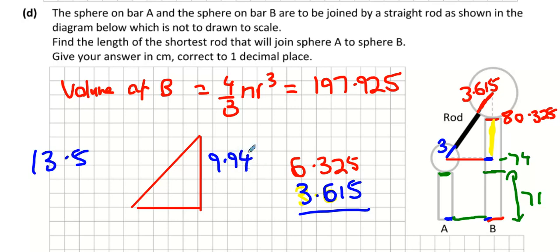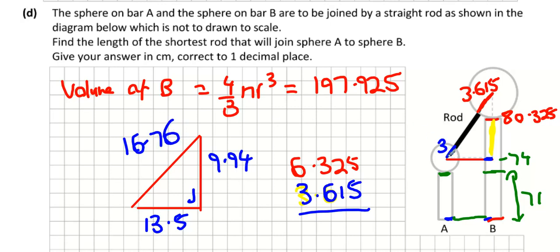9.94, yeah. Let's use Pythagoras' theorem on the 13.5 and the 9.94, and we're going to find out the length of the rods and the two radiuses added together. Everyone, let's keep going. Stay focused. What do we get when we put it into Pythagoras' theorem? So Pythagoras' theorem tells us that this length is 16.76.